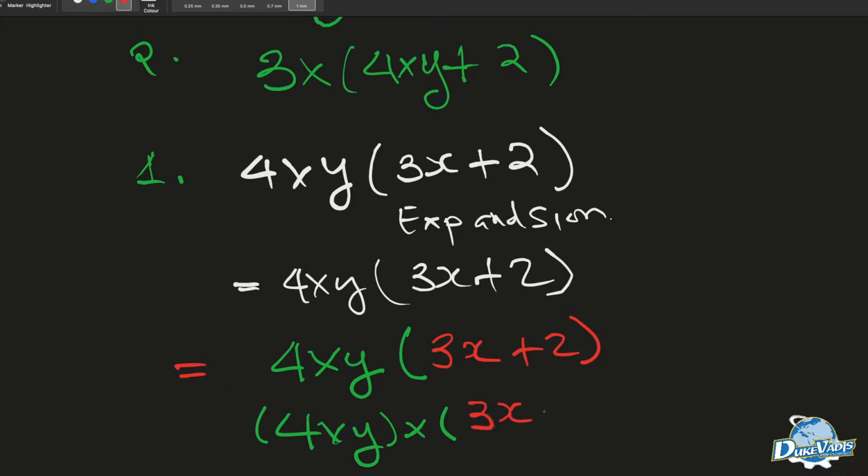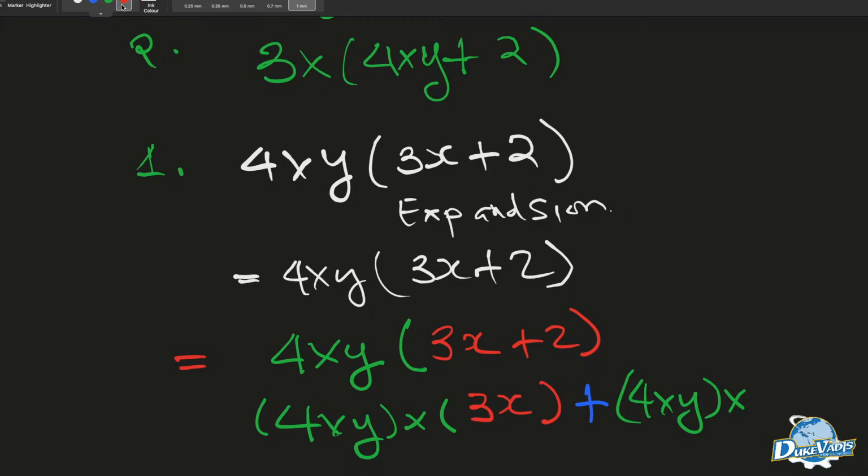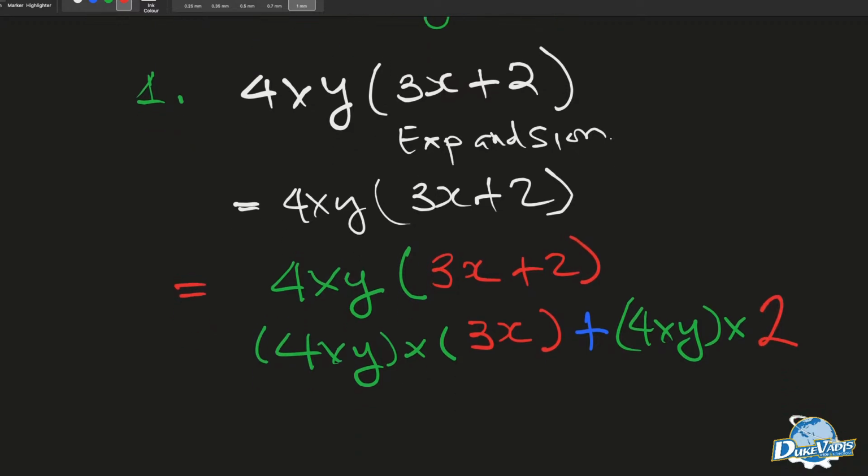The next step is plus 4xy again, into bracket, multiplying, and the last value we see is 2, which we can also put in a bracket.